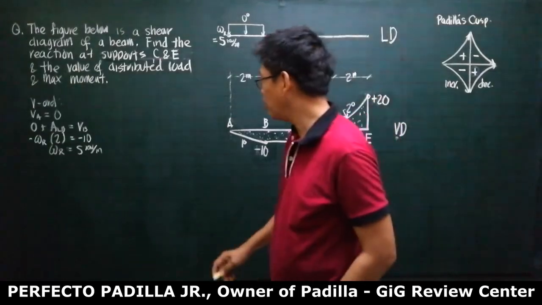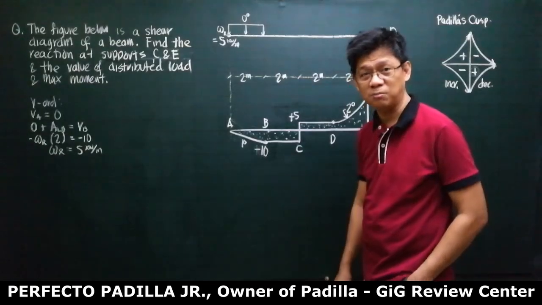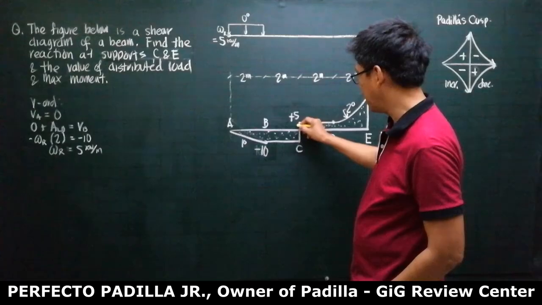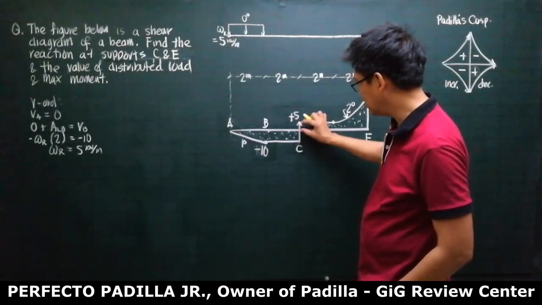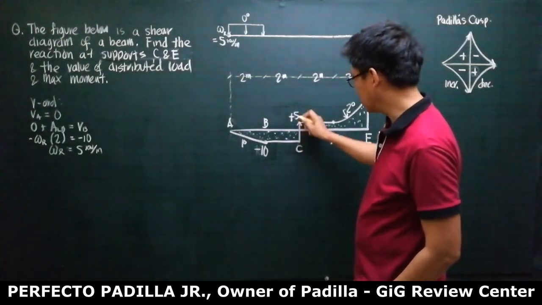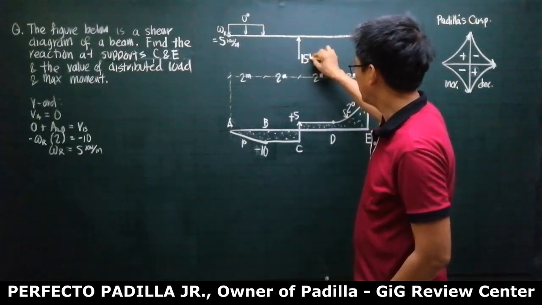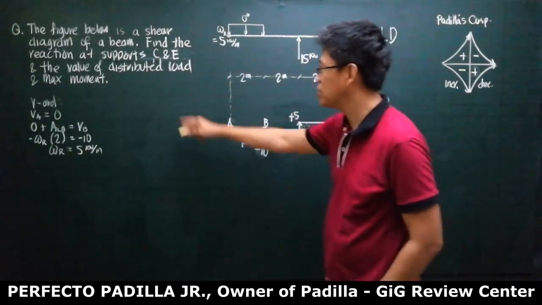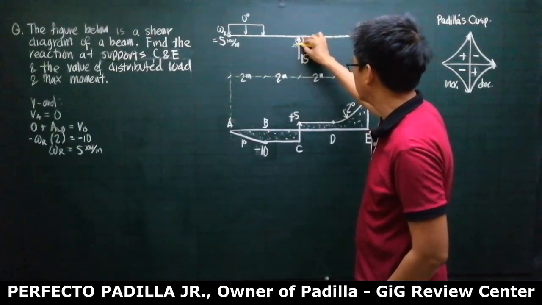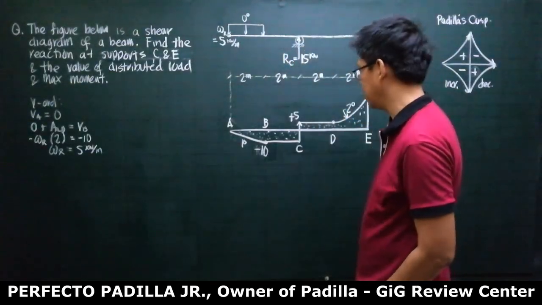So this is also the shear at C, which is the same as the shear at B. Then, from here, it went up by, this is 10, this is 5, it went up by 15. So meaning there is a vertical force here which is 15. So take note that it is mentioned that it is a support. So most likely it is a roller support here. So this is the value of your RC, which is 15.